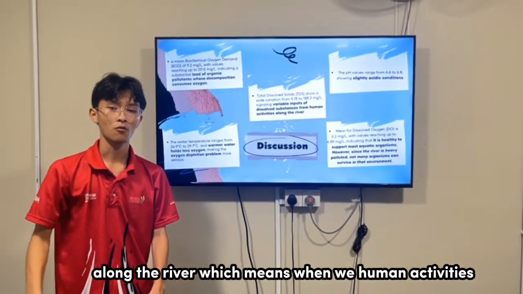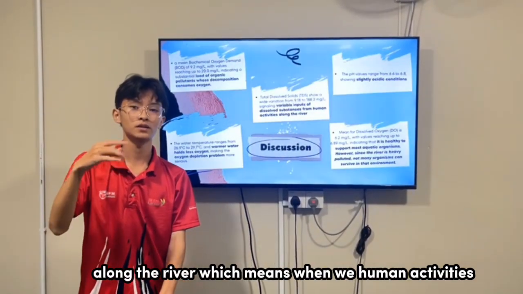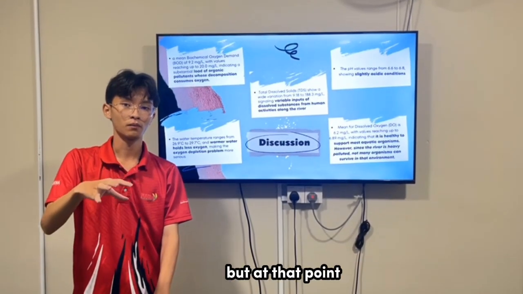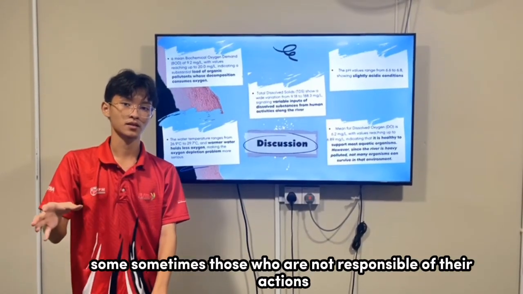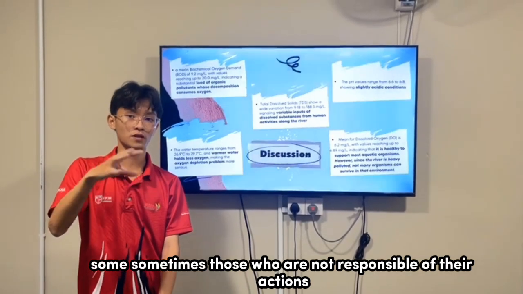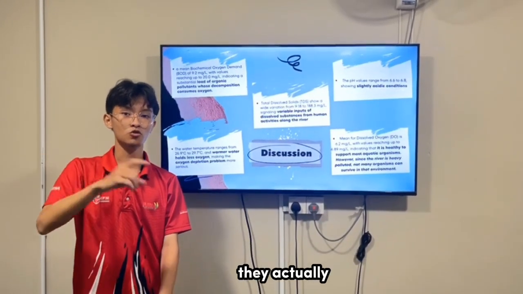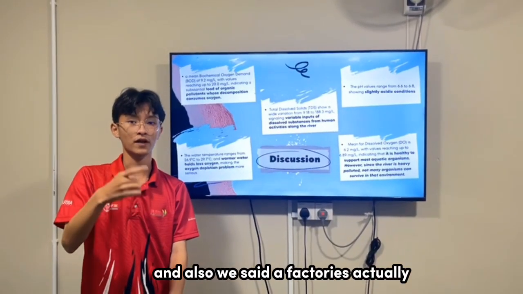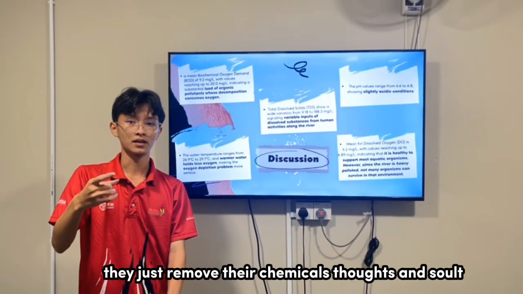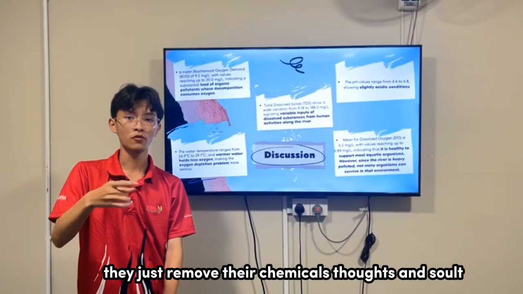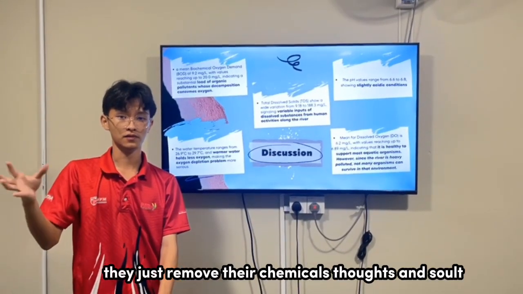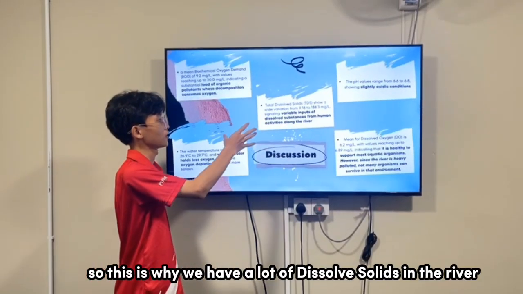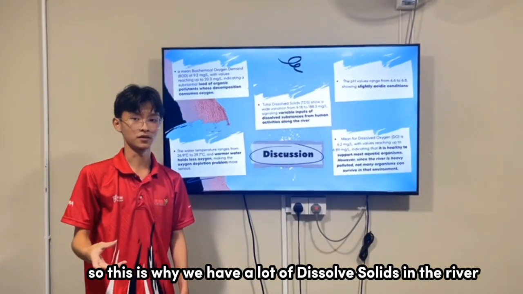These activities can come from someone fishing at the river, but sometimes those who are not responsible for their actions throw trash and litter in the river. Also, there are factories that release their chemicals into the river. This is why we have a lot of dissolved solids in the river.